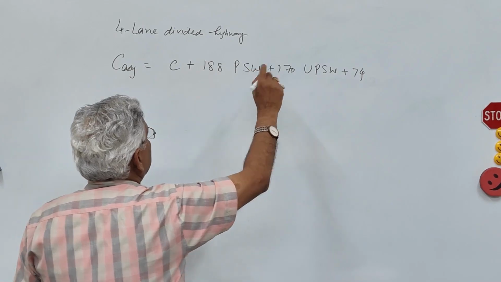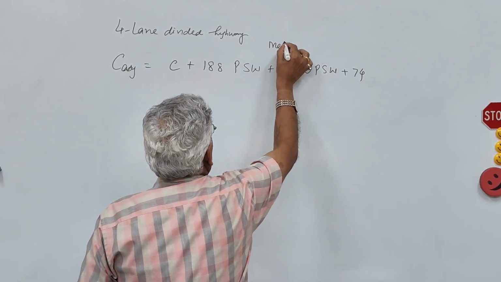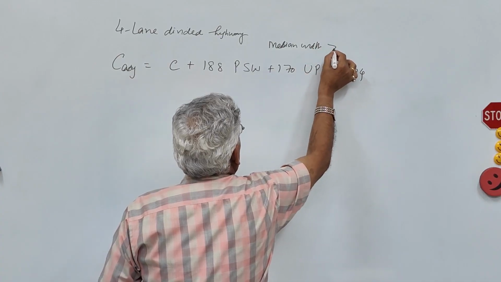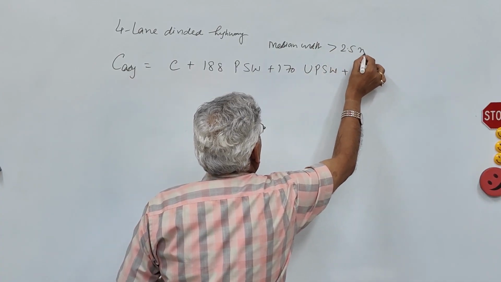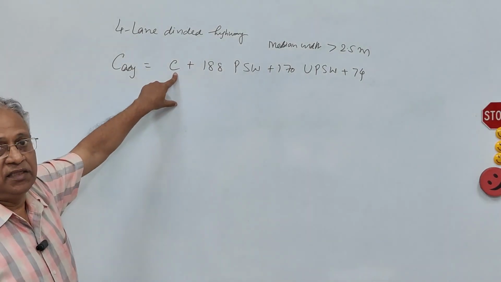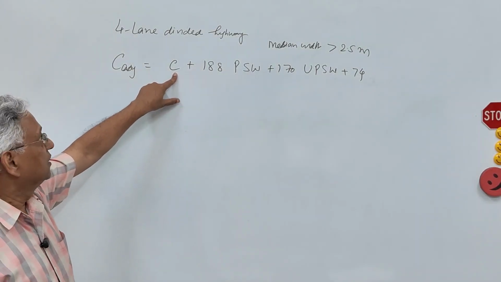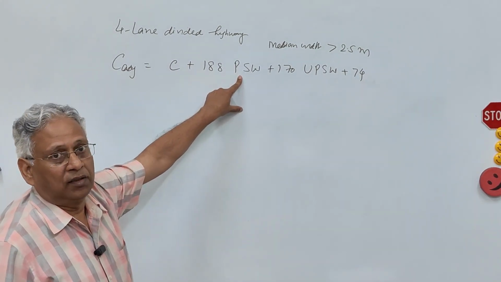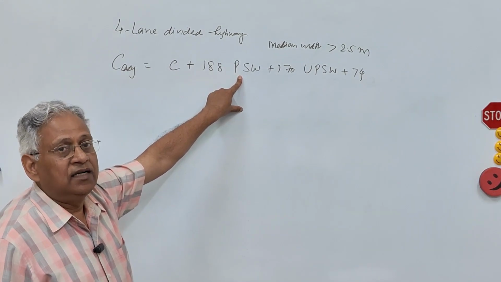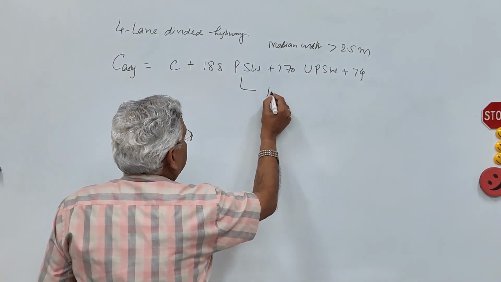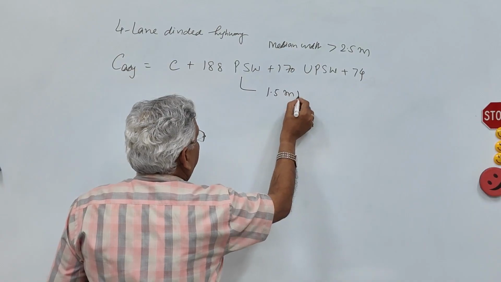Now this is the situation when your median width is more than 2.5 meter. This is the capacity which you estimated using operating speed, base value. This is the width of the paved shoulder in meter. And this width of paved shoulder is taken in excess or in deficient of 1.5 meter.